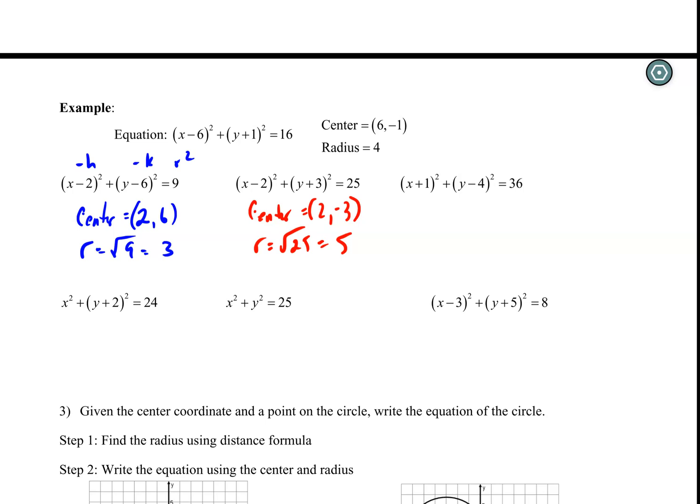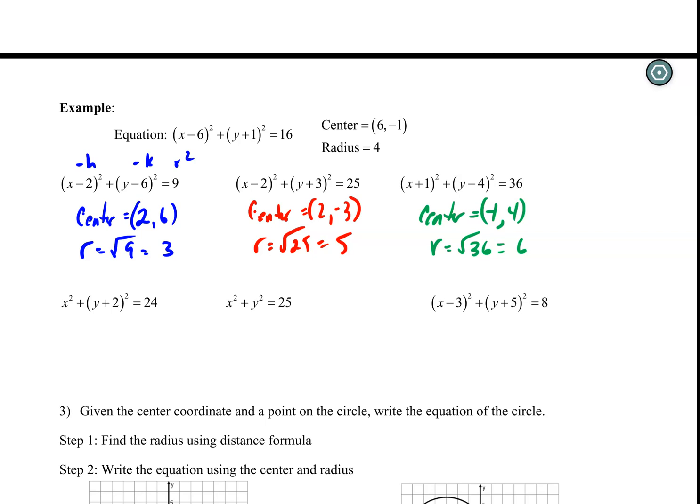Let's do another one. Again, minus a negative 1 would get me a positive 1. Or, think opposite. So center is going to equal negative 1, 4. And the radius is going to equal the square root of 36, which is 6.